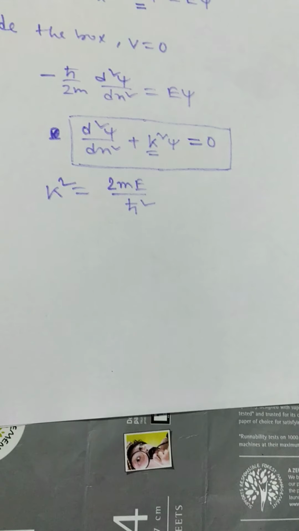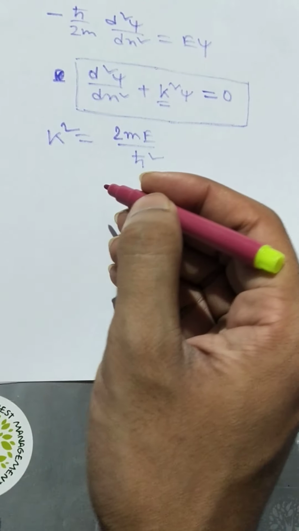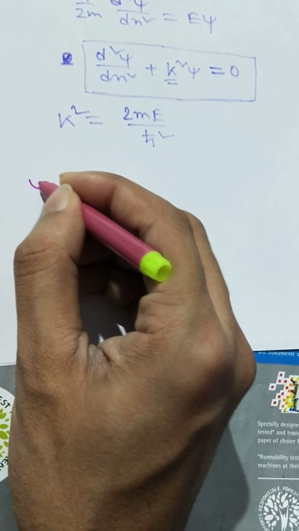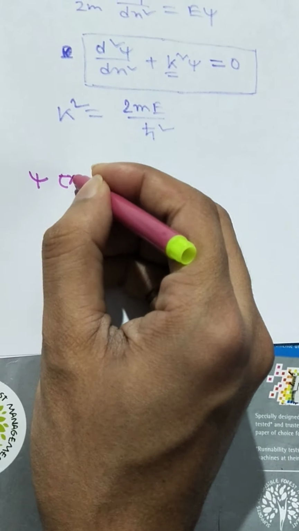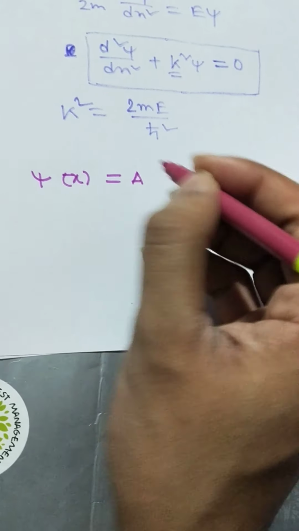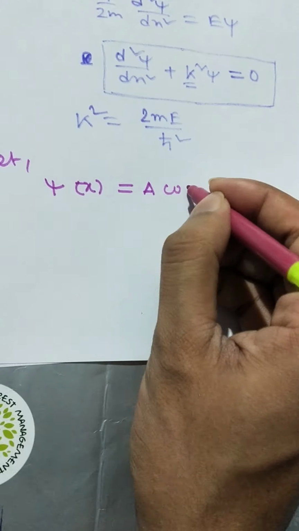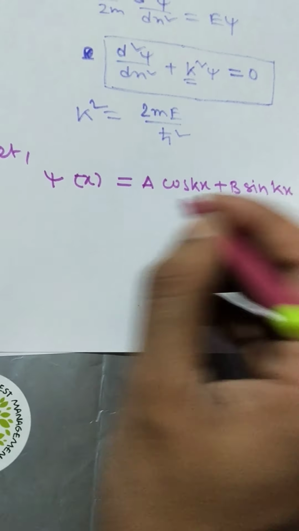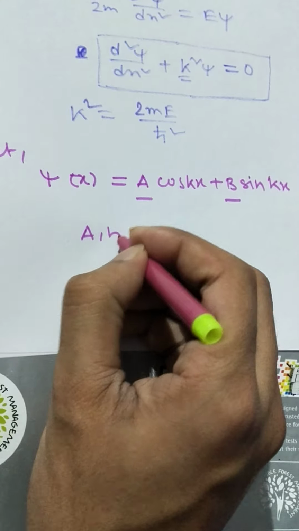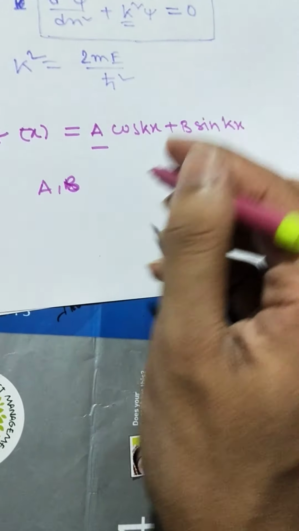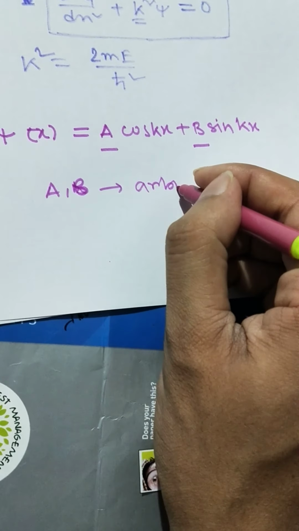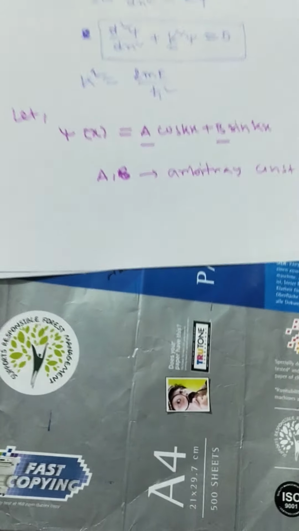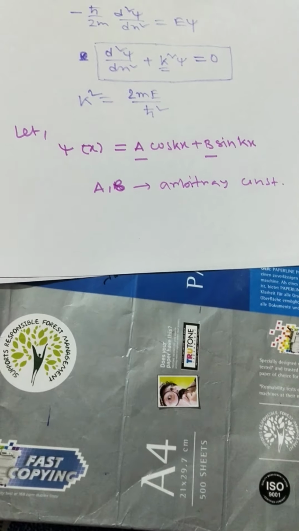Now solve for the solution. There are boundary conditions. First, let psi of x equal a cos kx plus b sin kx, where a and b are arbitrary constants.